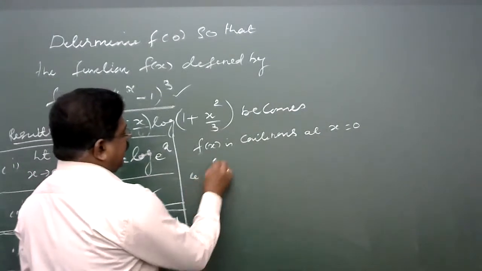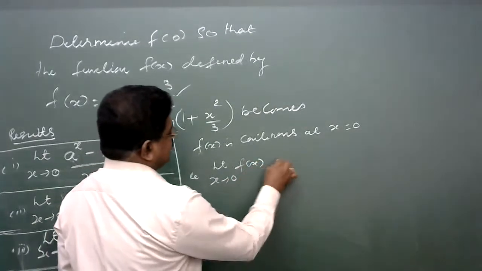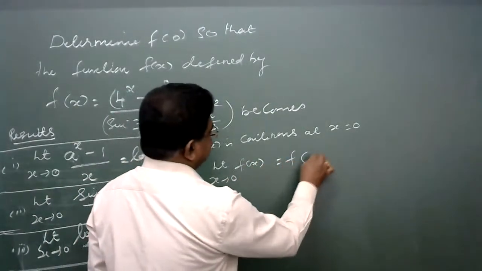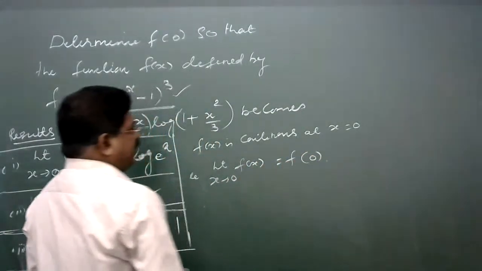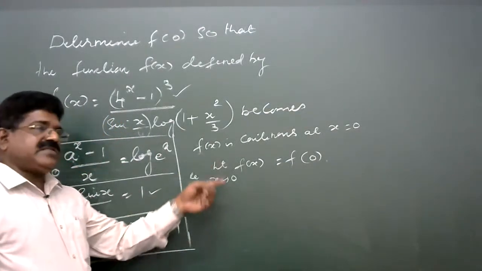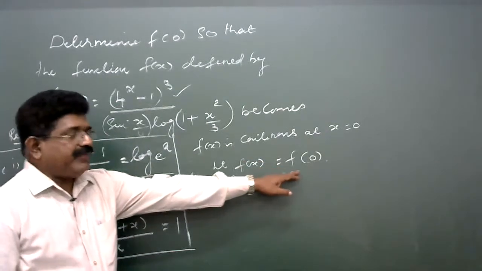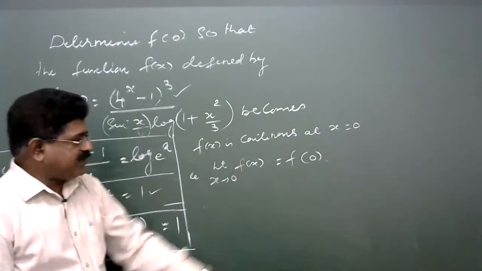That means the limit x tends to 0, f of x is equal to f of 0. So if you find the limit x tends to 0, f of x, then automatically you can get the value of the function at x is equal to 0.